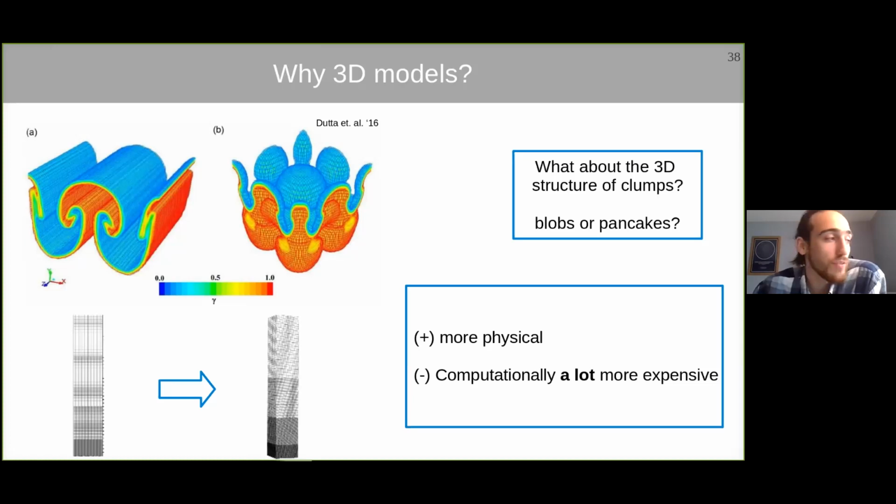Furthermore, if we run these models in 3D, we can model the full 3D structure of the clump, and answer questions such as, are the clumps blob-shaped or pancake-shaped, or what 3D shape they have. So 3D models are just more physically correct, but computationally they are very expensive. A couple of orders of magnitude more computation time or more core time than 2D models.